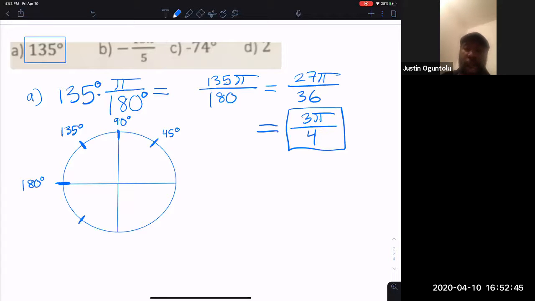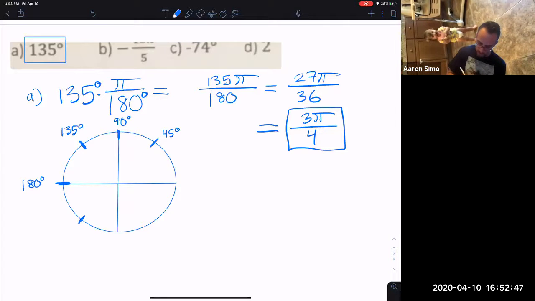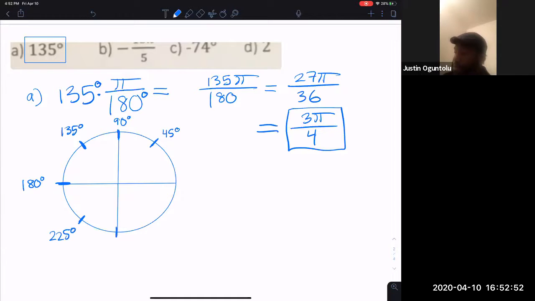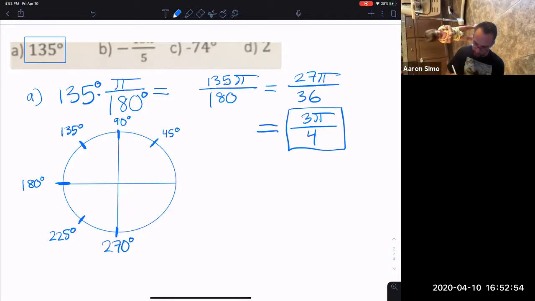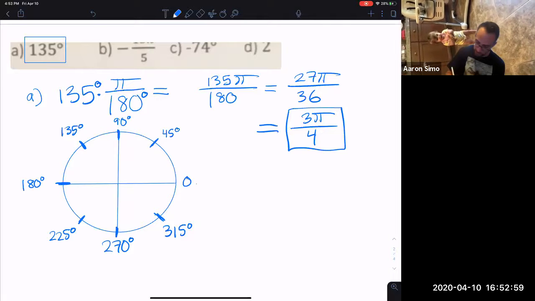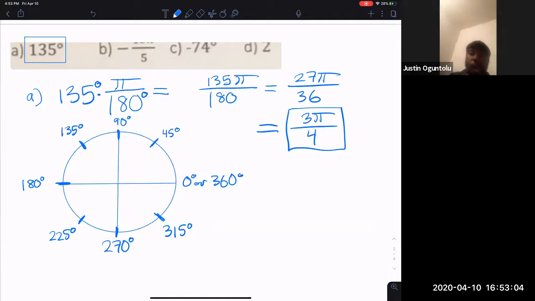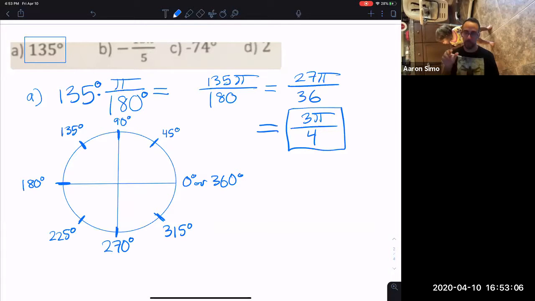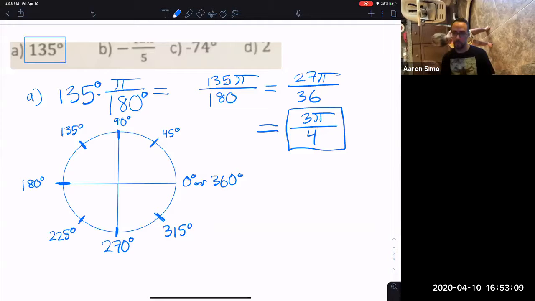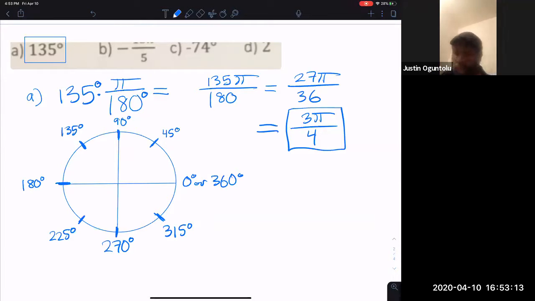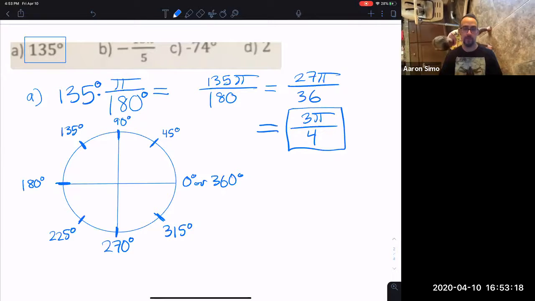Yeah, 180. And what's this angle down here? 225. Yeah. So be a little familiar with these. This is like 270. What's this one? I think it's 315. There's certain angles that this is 0 or 360, right? Those are the degrees, and you also need to know the radians. But anyways, that's just some other stuff. Cool. Okay, that's converting from degrees to radians.